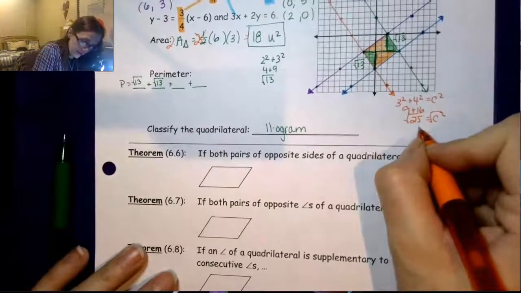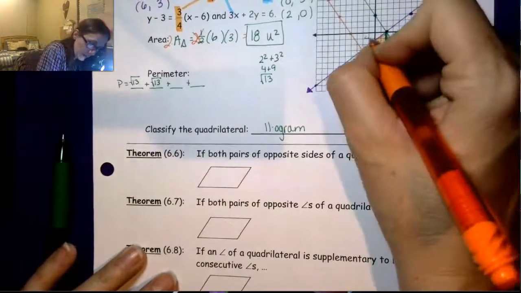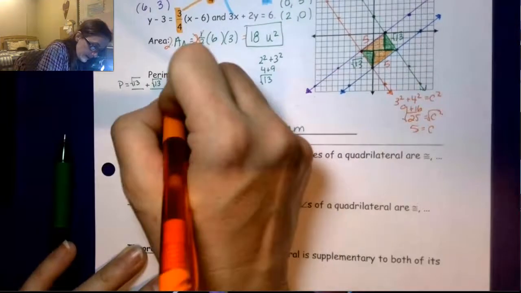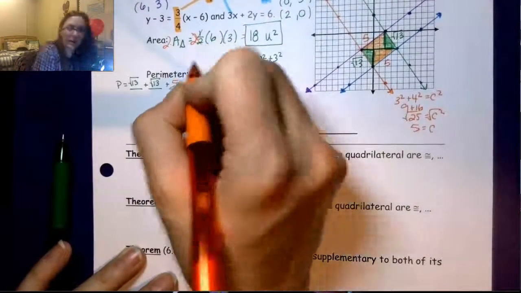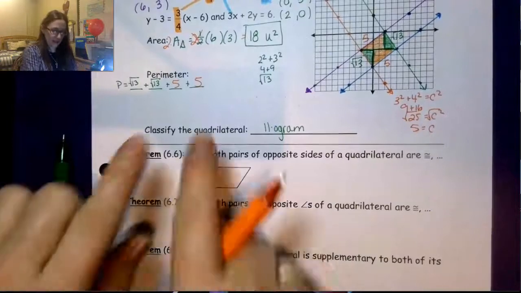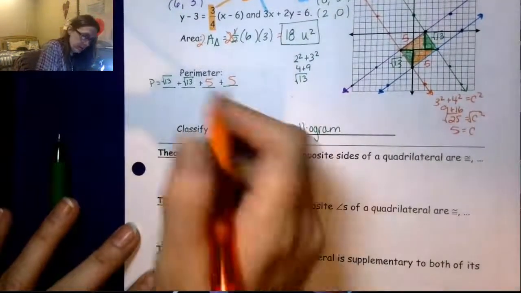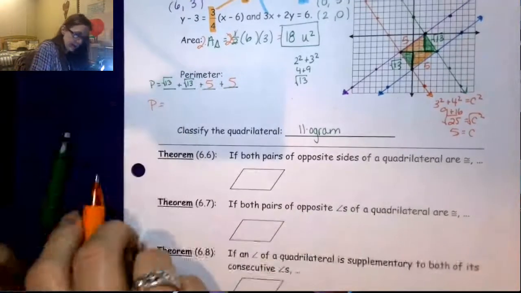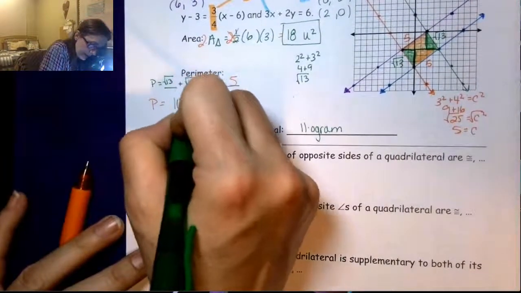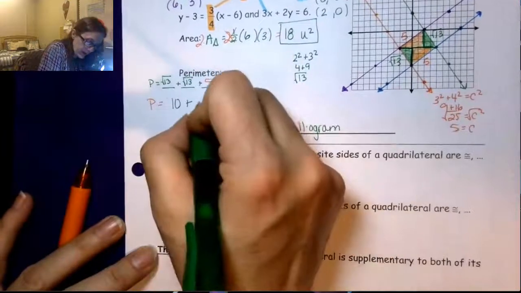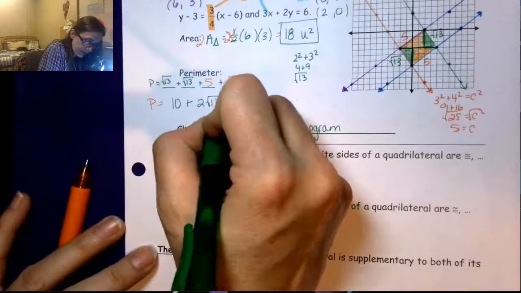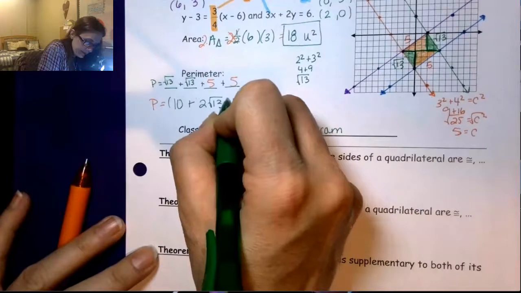I know the square root of 25 is 5. So I have two sides that are 5. Now what's really nice is that these are like terms, so I can add these together. I want the number to go first, so the perimeter is equal to 10 plus 2 root 13, units.